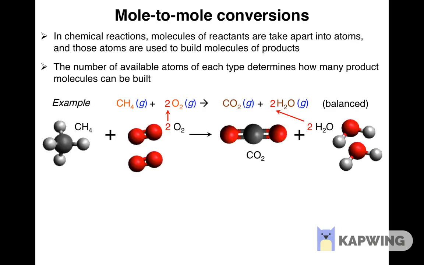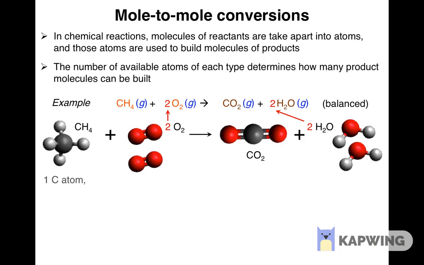The balanced chemical equation for the combustion of methane is CH4 gas plus 2O2 gas is converted to CO2 gas plus 2H2O gas, water vapor.